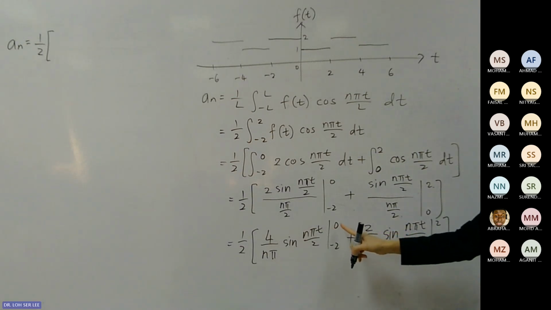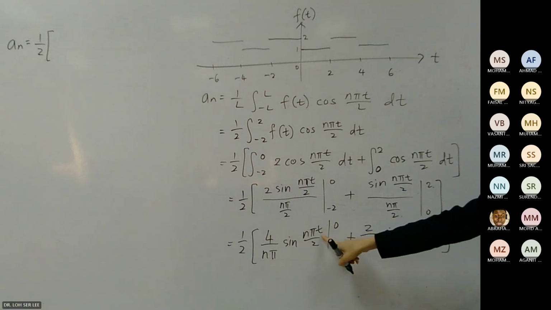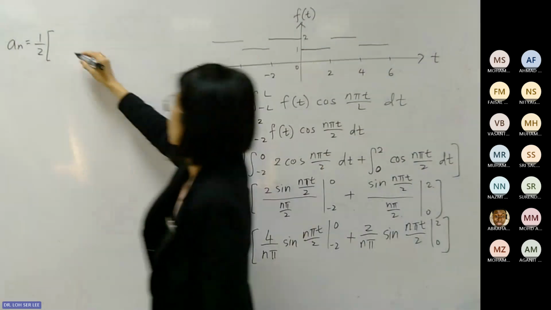Okay, now we substitute the values into t. So when 0, okay, you put into this t, sine 0 is 0.